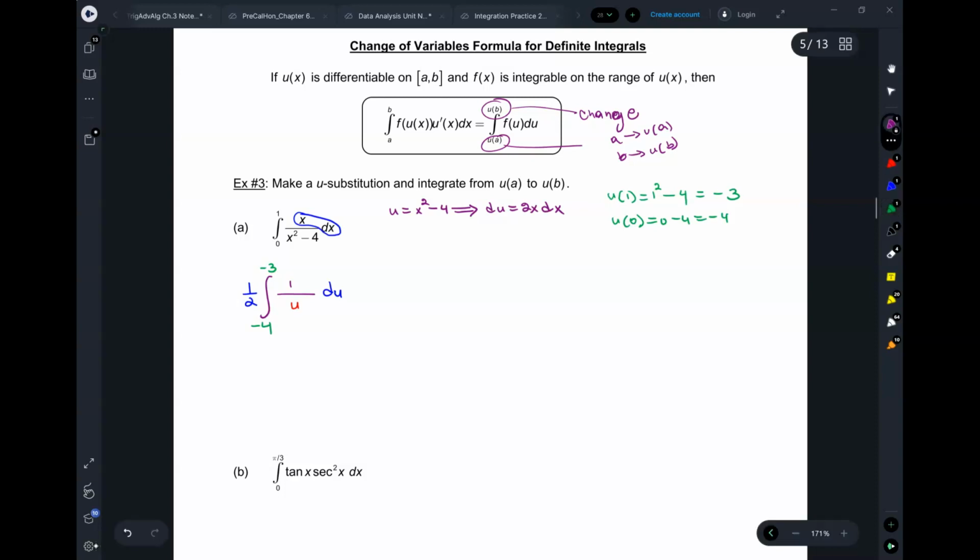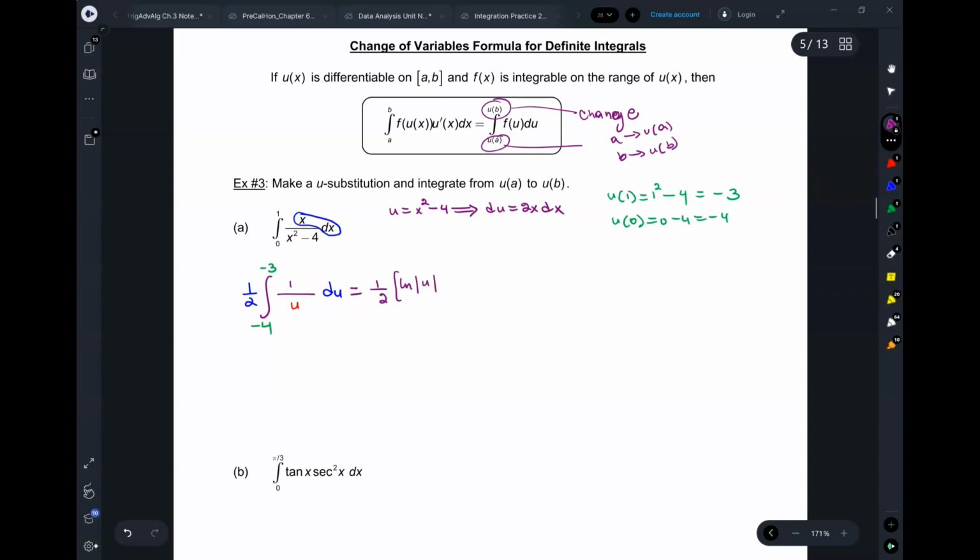So now this is 1/2. What's the integral of 1 over u? ln of u, from -4 to -3. But it's ln of the absolute value of u, remember?